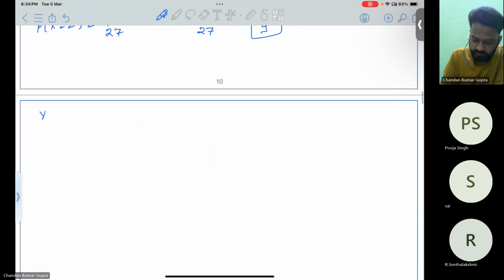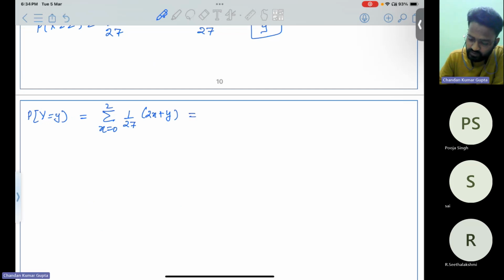So probability that y equal to y is taken as summation over x, which is also from 0 to 2, and it's 1 upon 27, 2x plus y, which is equal to 1 upon 27. Consider x equal to 0, then it is 2 into 0 plus y, plus 2 into 1 plus y, and 2 into 2 plus y.